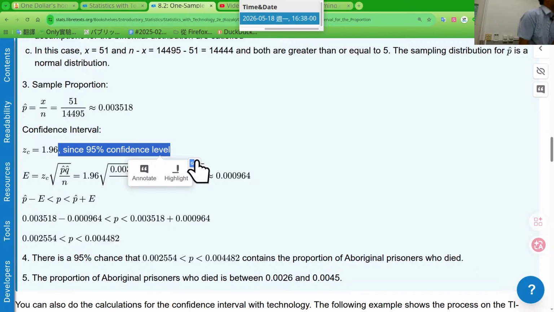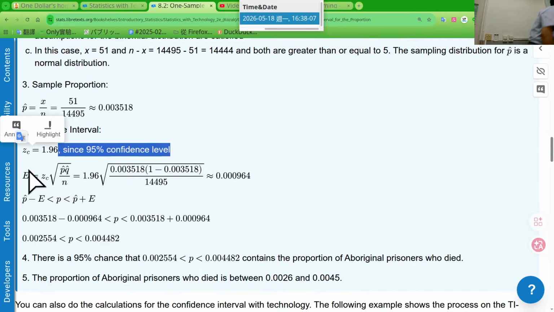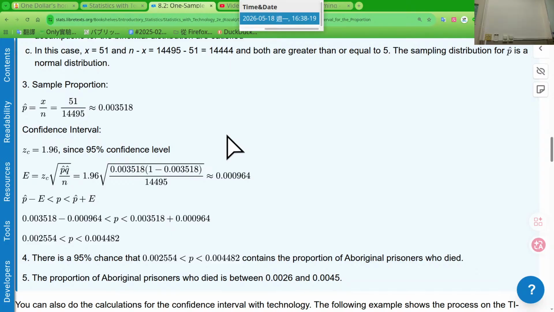Okay, who can tell me, in 1 minute, what is the 95% interval at 1.96? What does it mean here? What's the number 1.96? And what is the relationship between 1.96 and 95%?